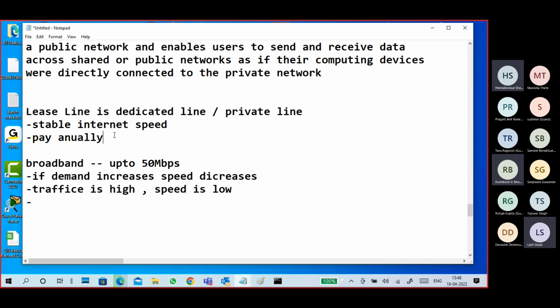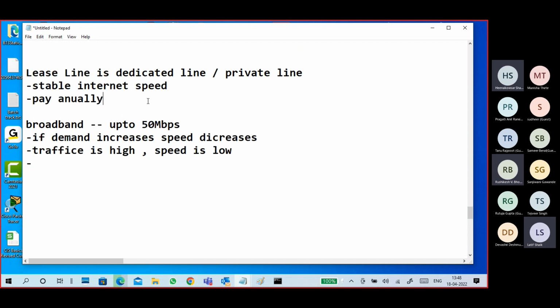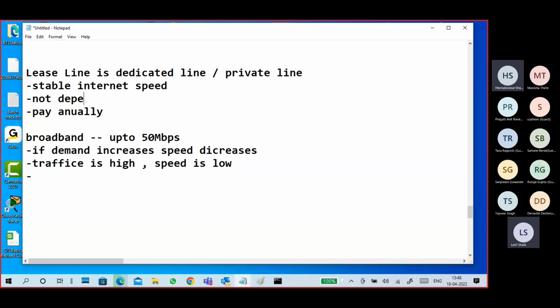But in a leased line, it is a standard speed. It does not depend upon public traffic. So this is a dedicated line.